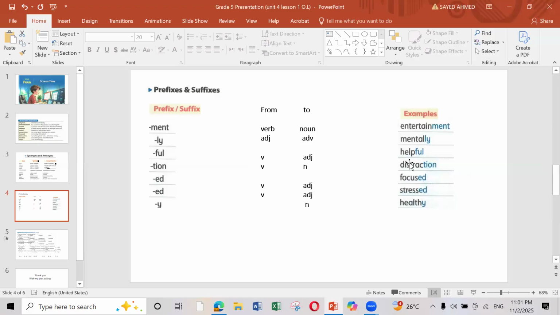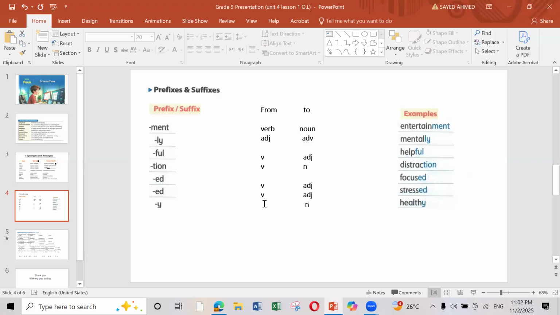Then help, we changed it from verb into adjective to be helpful. Then distract, we changed it from a verb to noun to be distraction. Then focus, we changed it from verb into adjective to be focused. And then stress, from verb to adjective to be stressed. We added ed for both of them.